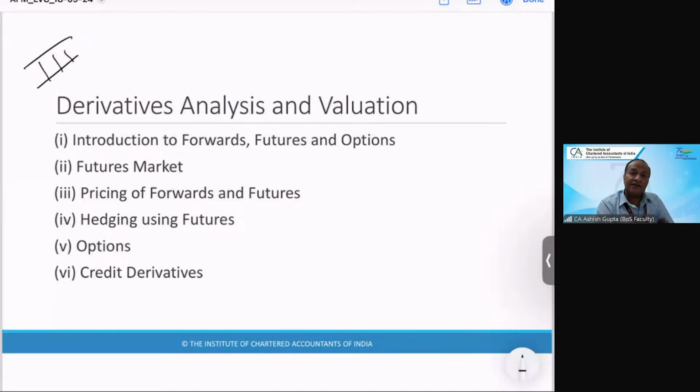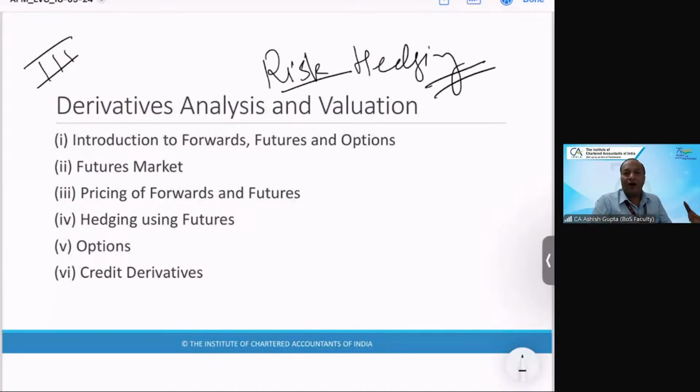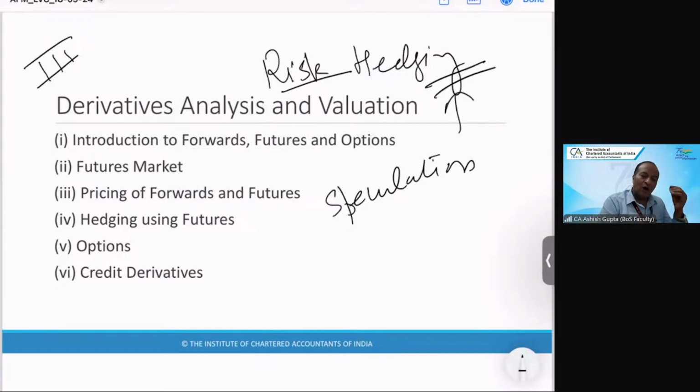Of course, derivatives can be used for speculation, and we have explained how, but our main purpose here in making you understand derivatives is hedging the risk, how derivatives can be used to hedge risk.